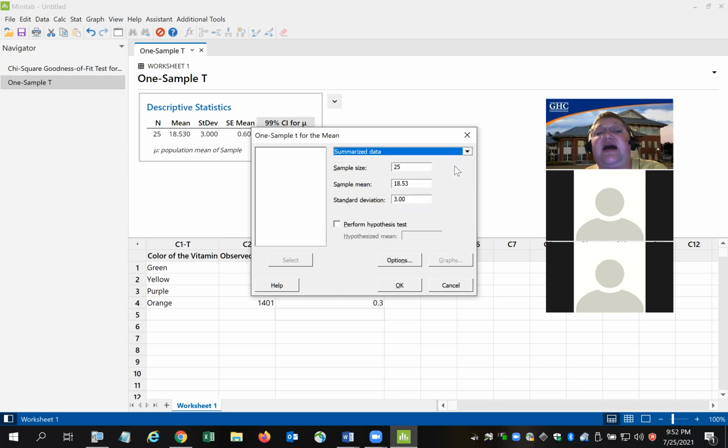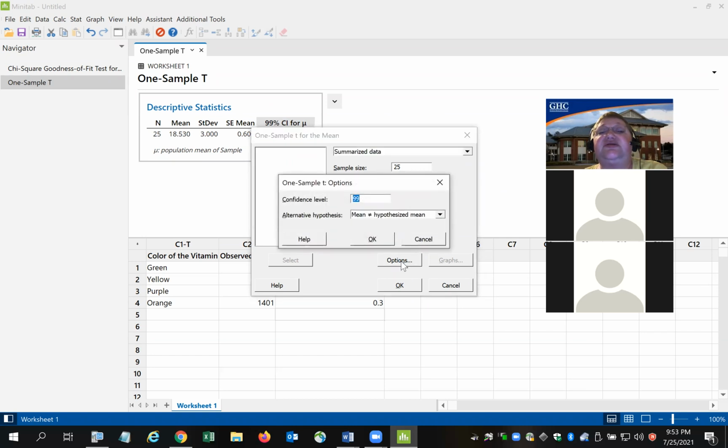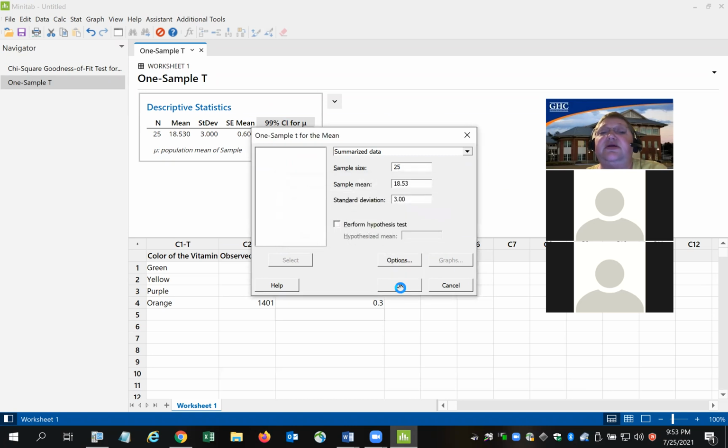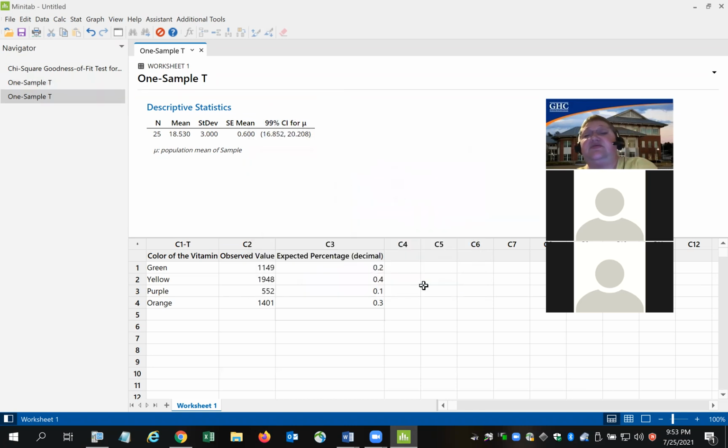I have summarized data. I enter the sample size given in the problem, the sample mean given in the problem, and the standard deviation given in the problem. I have to choose options to indicate the confidence level, whether it's 95 or 99 that's given in the problem. I click OK and OK, and it gives me the results.